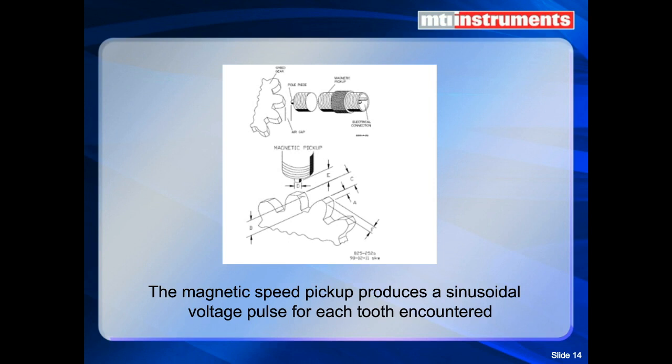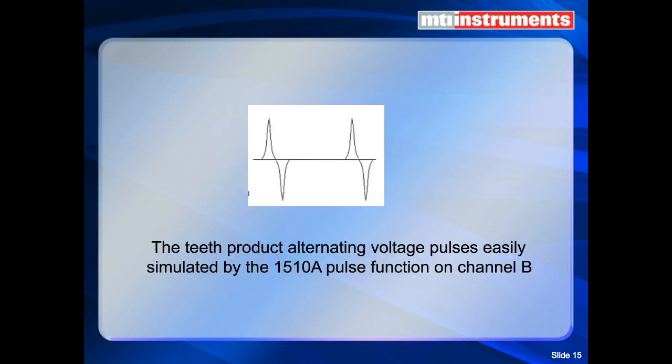It could be a once per rev or it could be a multiple per rev sinusoidal voltage pulse for each tooth encountered. A typical signal that you would see generated by this looks like this. These are positive going pulses as the tooth approaches the magnetic pickup, and then a negative going pulse as it moves away.